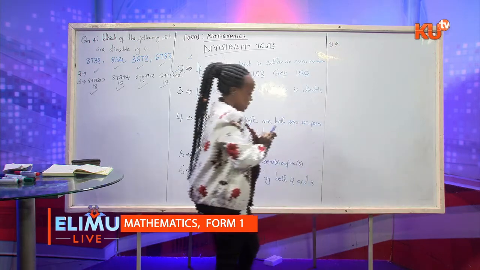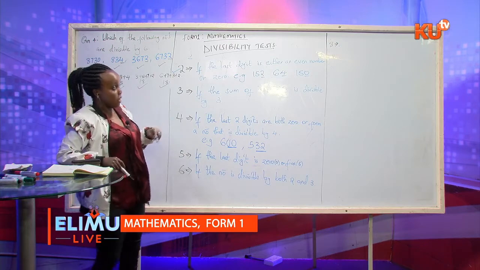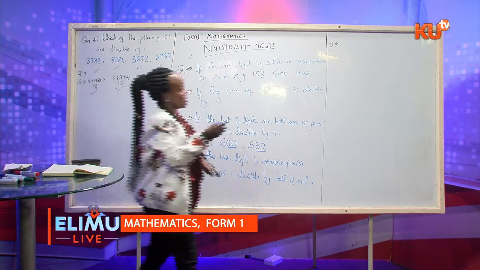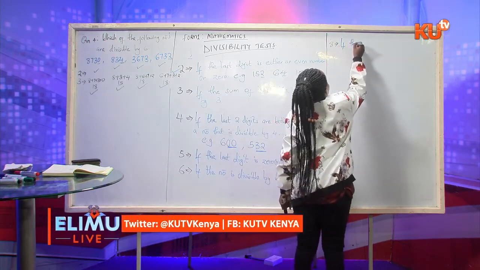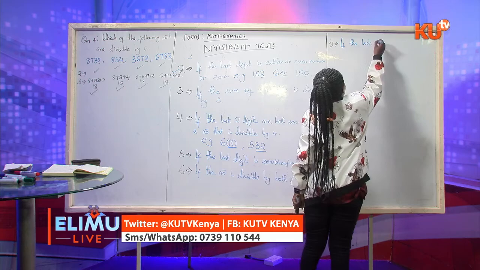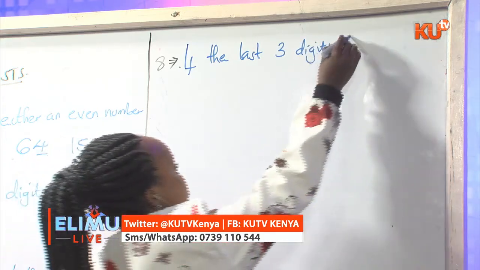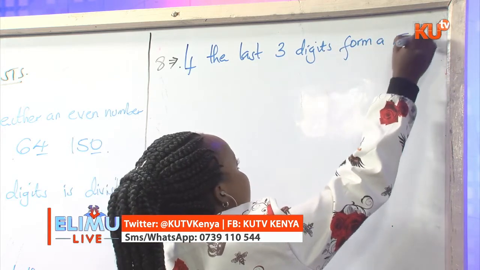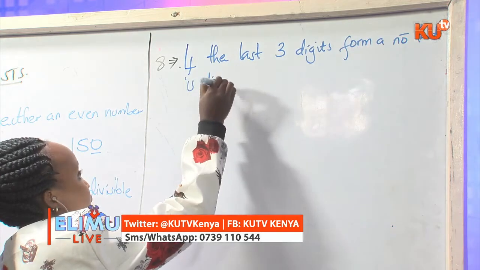A number is divisible by 8 if the last 3 digits of that number form a number that is divisible by 8. So we can write that a number is divisible by 8 if the last 3 digits form a number that is divisible by 8.